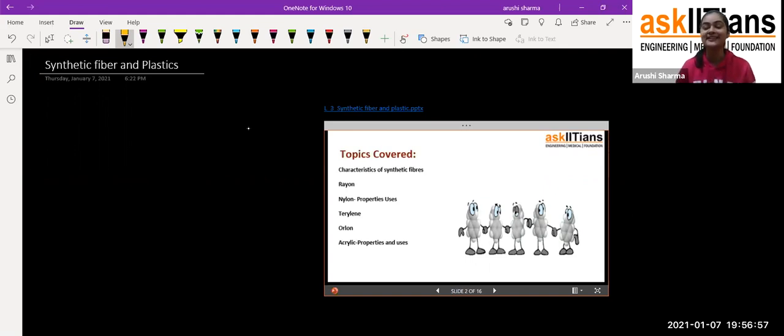After studying this chapter, whenever you purchase any cloth for yourself, your mother or your father, you will be able to identify which fabric it is. Say you go to a shop and want woolen clothes. You can tell your mother, mummy, it's not pure wool, it's artificial wool, and its name is this. Or you can tell her, mummy, it's rayon. Your mother or father will be so proud that their child is learning so much from these videos and can apply it in daily life.